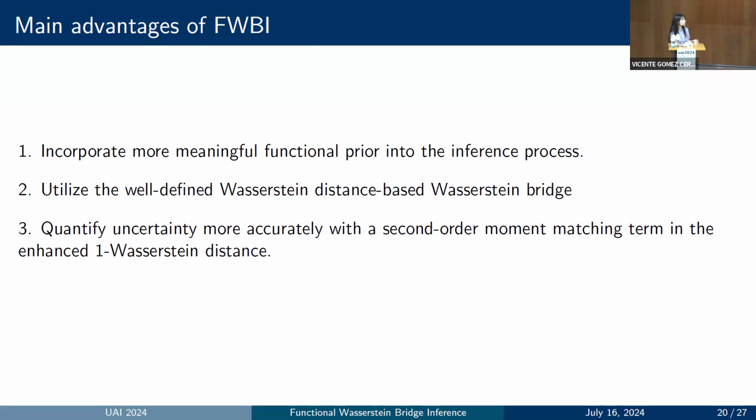And it uses the well-defined Wasserstein bridge to regularize the parameters of the variational posterior with the functional prior, which can avoid the limitation of the KL divergence used in most existing function space variational inference methods. And moreover, it can quantify uncertainty more accurately using the second order moment matching term in this enhanced 1-Wasserstein distance.